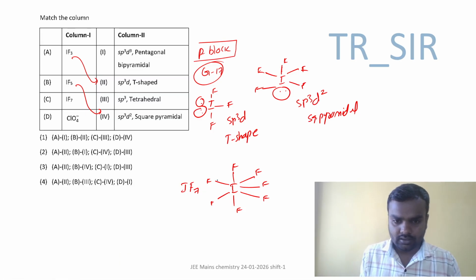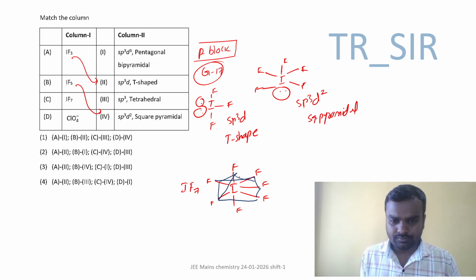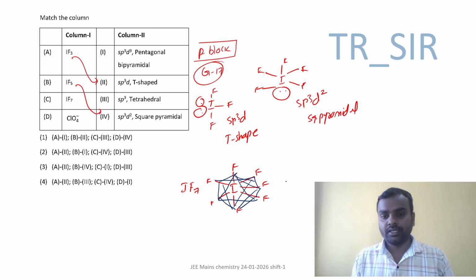If you try to draw the structure, like this, one pyramid will come here, and below also one pyramid will come like this. So here sp3d3 hybridization.